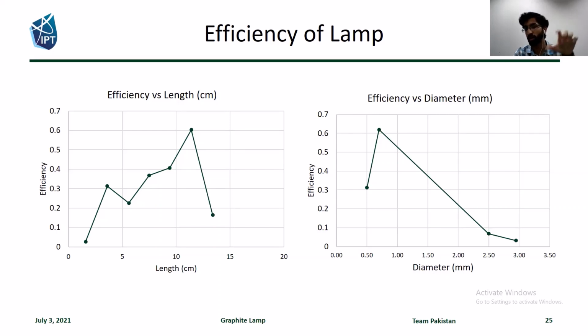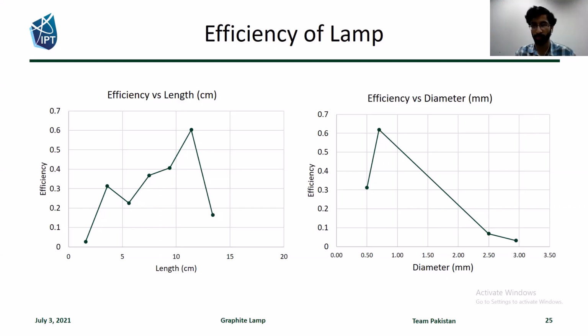The useful output is the glow, because we are talking about the efficiency of the glow of the lamp. That intensity was measured with the silicon photodetector, and the input power was supplied by the DC power supply, and I had those particular readings. I've mentioned them as part of my setup image, and that resulted in this curve that we have here. If you still have any questions, I'm here to answer.